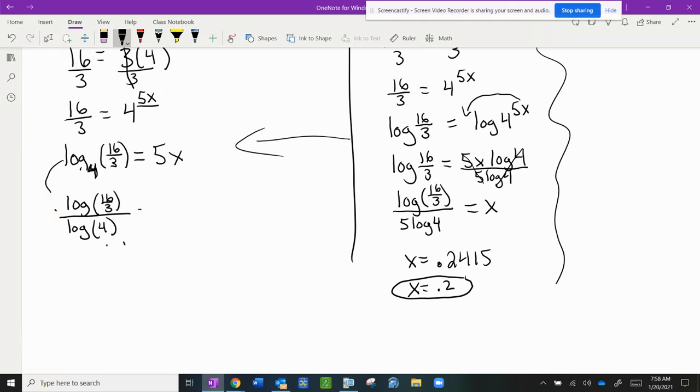And there we go. This is my answer. Okay, so when I divide this by 5, right, this is the same as multiplying by a fifth. I get the same answer over here.